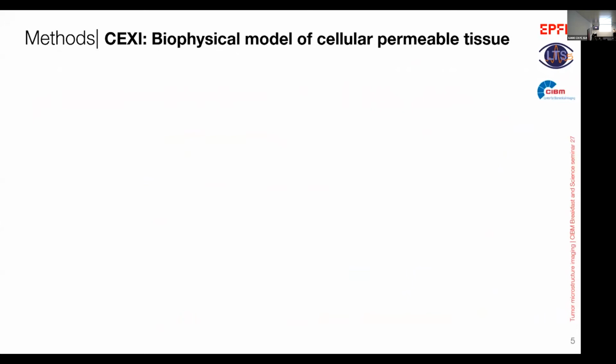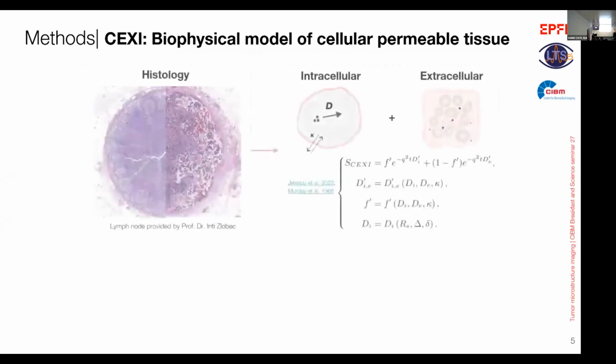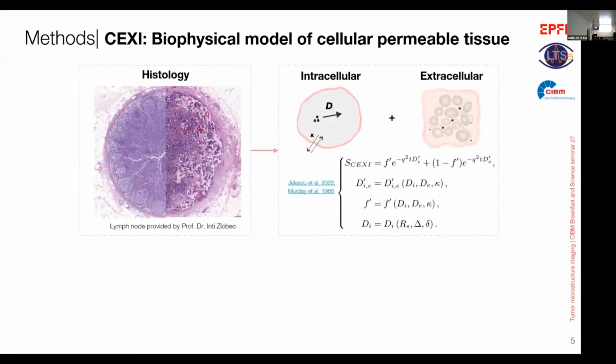So as you can imagine, these models are very dependent on the tissue that you want to image. In our case, we want to image cellular permeable tissue, so tumors, which are made, as you have here on the left, of mainly spherical cells.